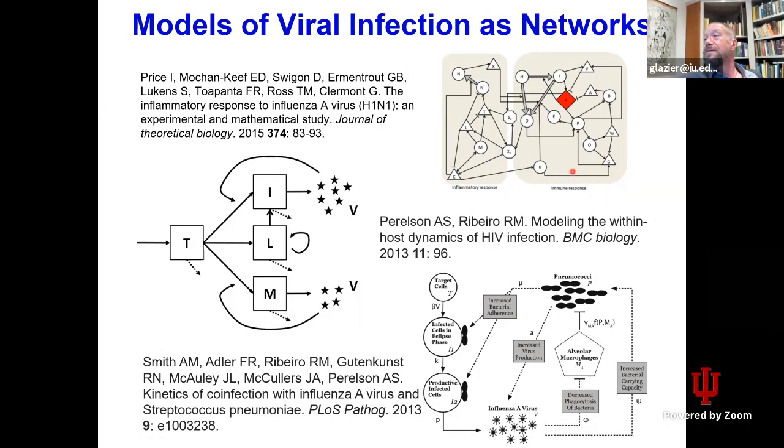Let's see if I can tell from this, just looking at it, what they are. Let's see, V stands for virus. This diamond represents virus circulating in your body. It's going to infect cells. Let's see where the infection is happening.